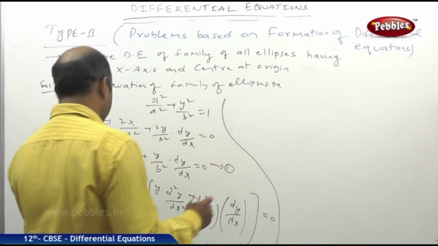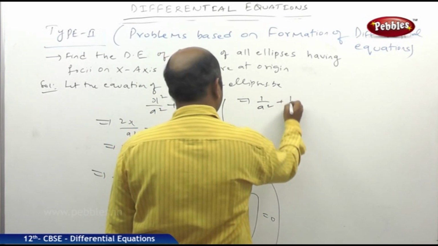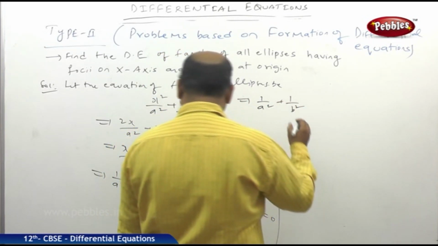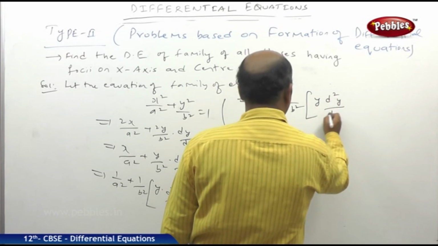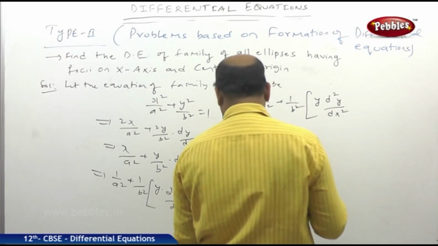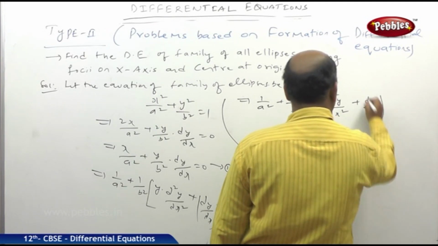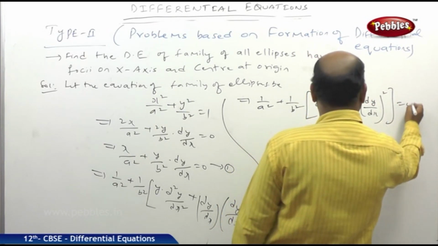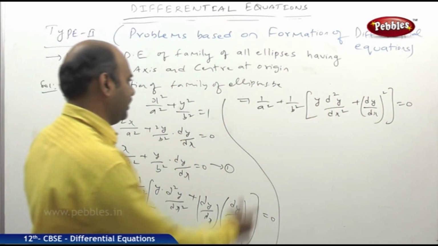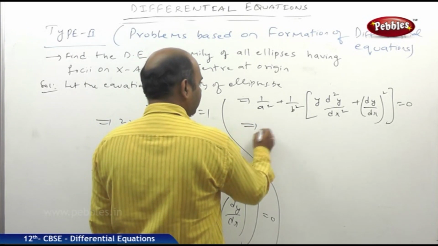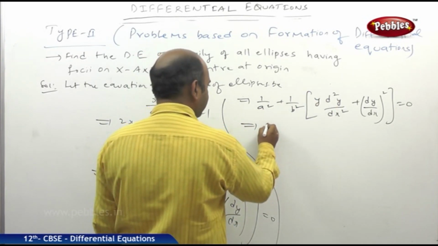Finally, I am writing another step: 1 by a square plus 1 by b square times y into d square y by dx square plus dy by dx whole square equals 0. Later, I will send 1 by a square to that side.